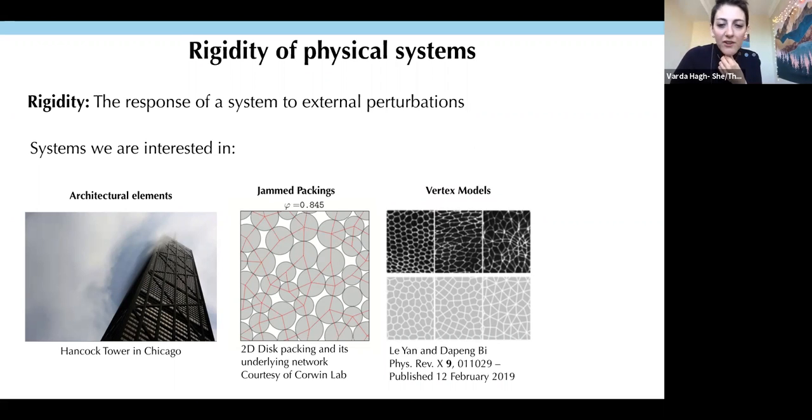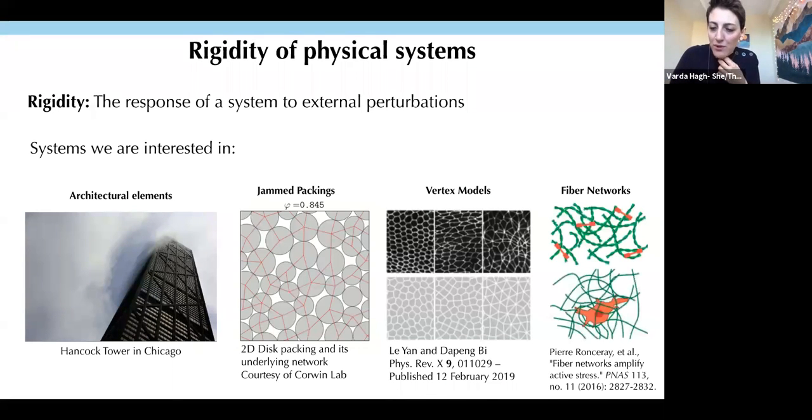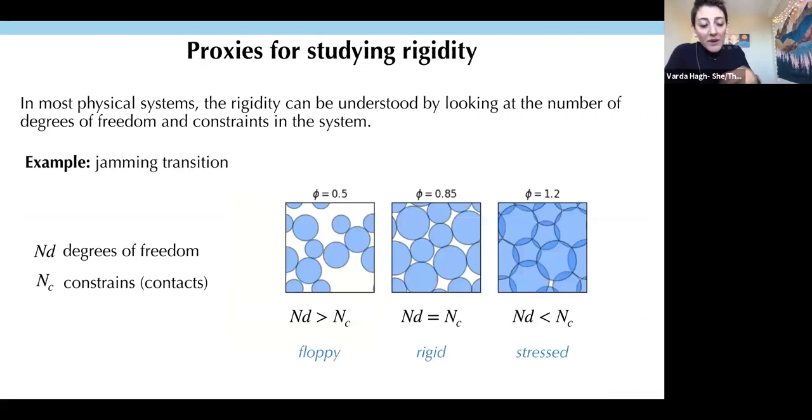For example, vertex models are used to study the rigidity or the structure of cell membranes, or anything that is a network of cells, or fiber networks, which are usually modeled as just spring networks for studying biopolymers in biology or biophysics. So because of the variety of the systems that we study, we need different proxies, different tools for studying the rigidity of these types of systems.